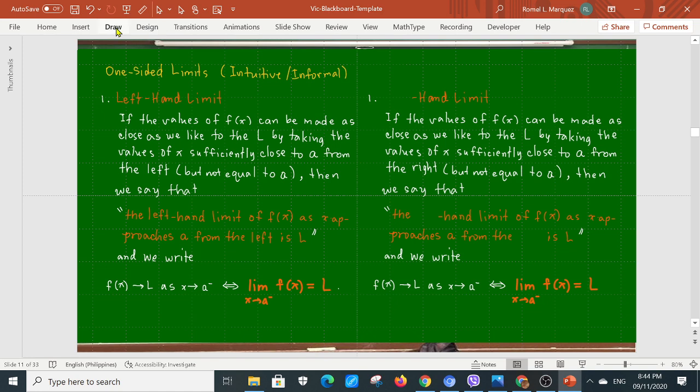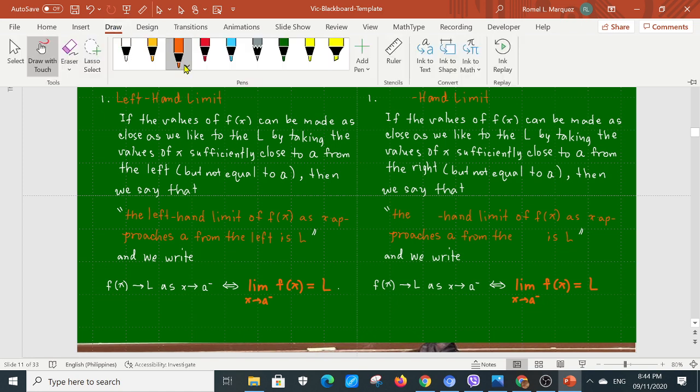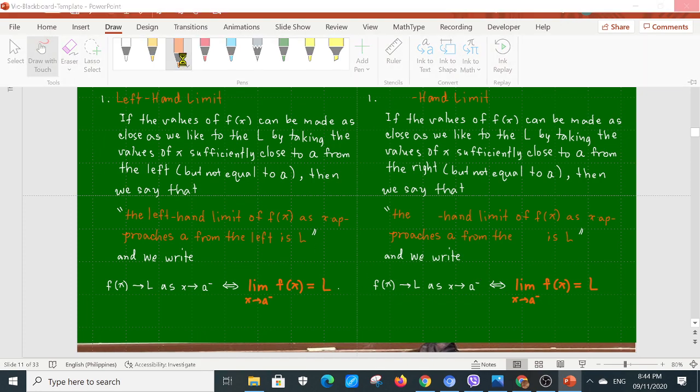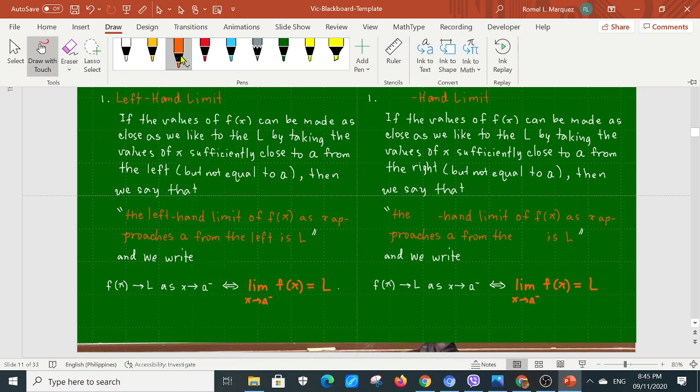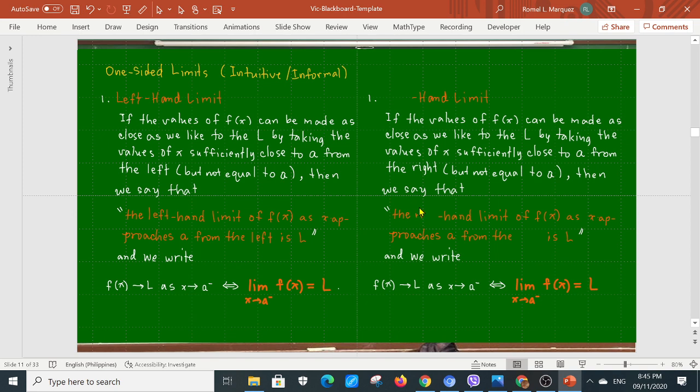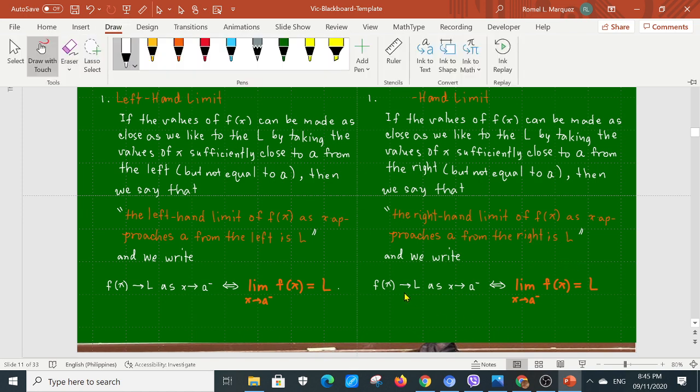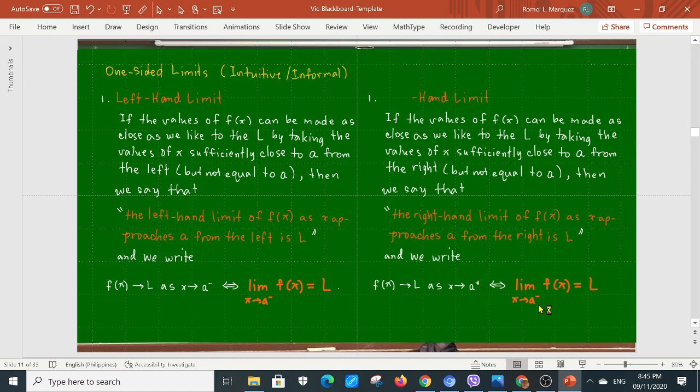Then we say that, right, and from the right is L. And then we have this positive from the right.